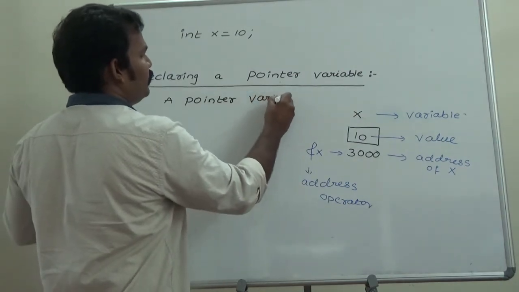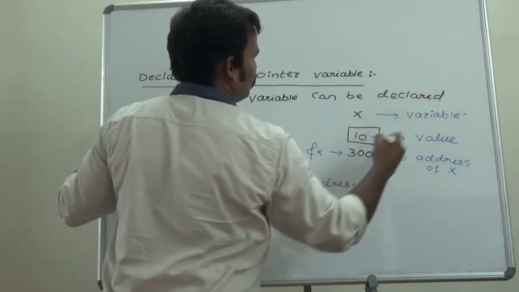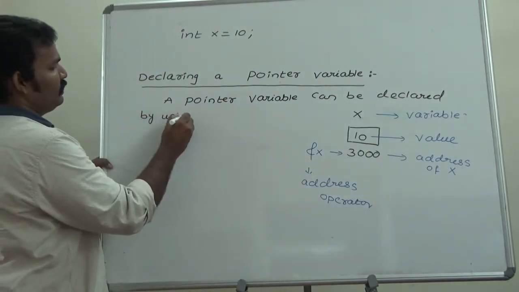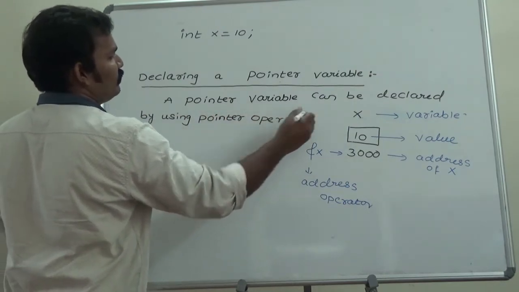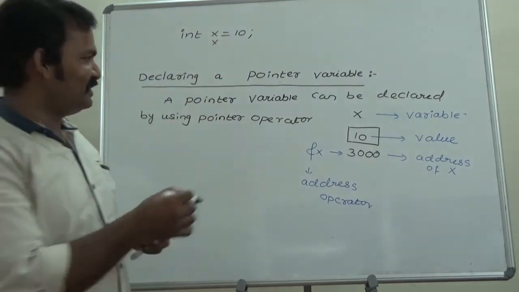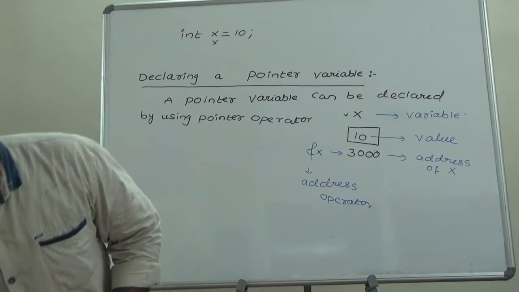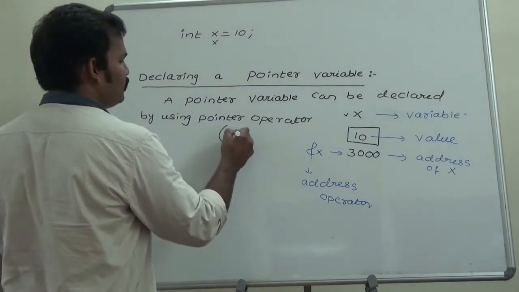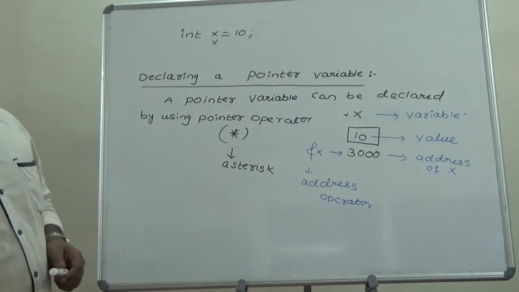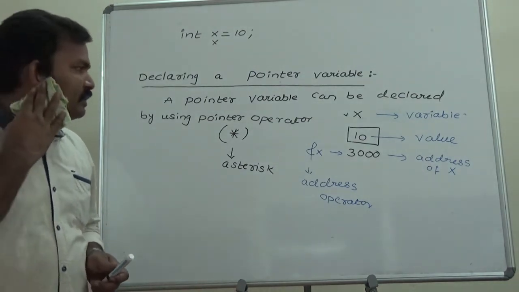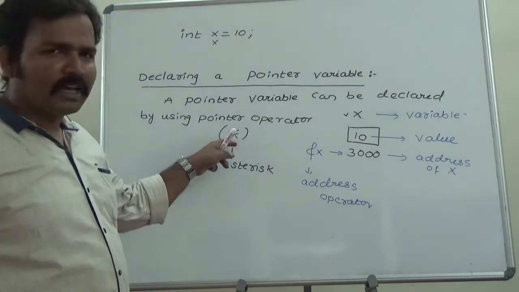A pointer variable can be declared by using the pointer operator, which means star or asterisk.